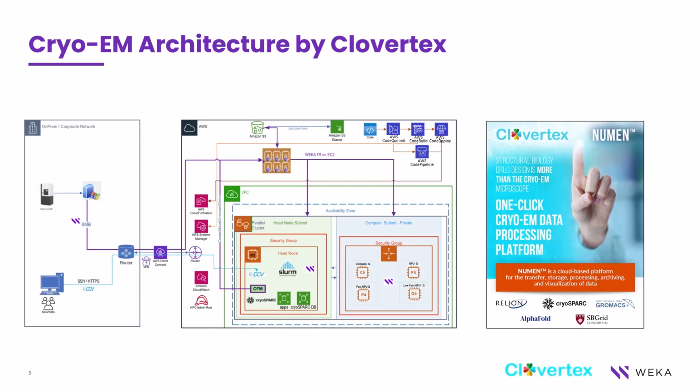And so I think it's important to call out the fact that doing these types of workflows in the cloud is a relatively new idea. Baris, can you talk a little bit about how these workflows have traditionally been done, and then we'll get into some of the challenges associated with that?